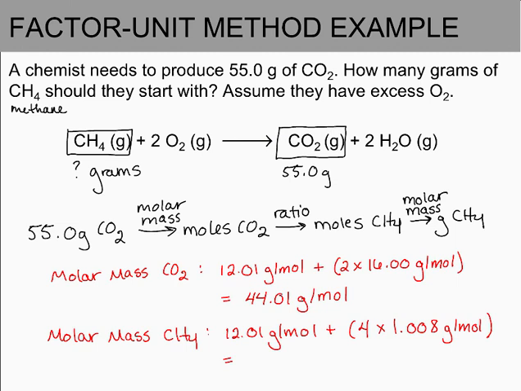Plugging that into our calculator, we should find that the molar mass of methane is 16.04 grams per mole. And we already saw that our ratio between CH4 and CO2 is just 1 to 1, so that will be super easy.